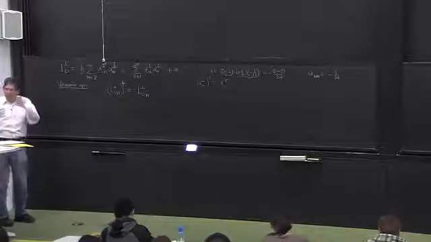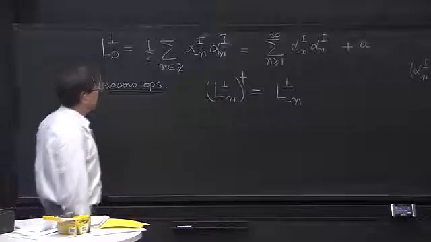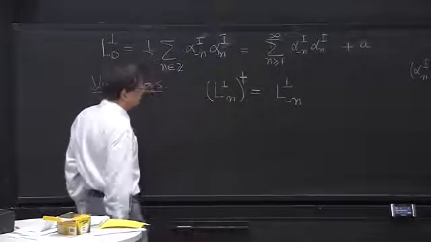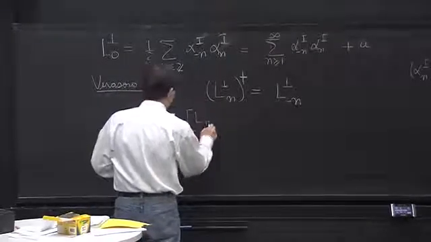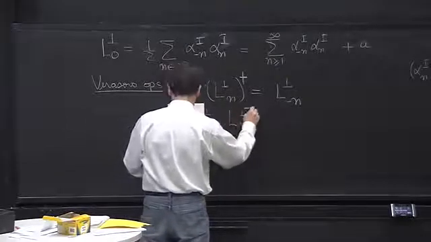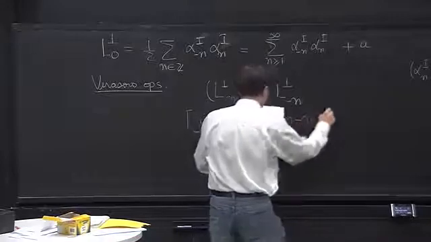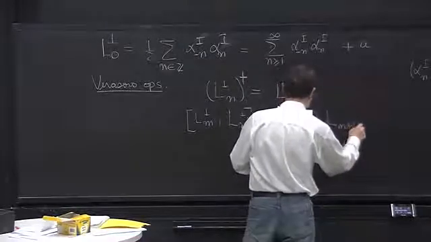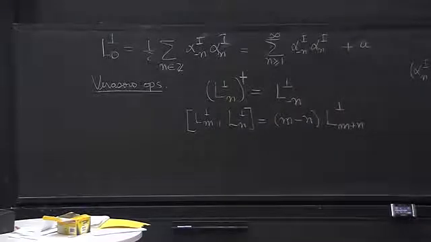Then there's the issue of what commutation relations these things satisfy. And that takes a bit of calculation. When you try to see what Lm dagger perp with Ln perp is, we get m minus n Lm plus n perp, and that you get if m plus n is different from 0.